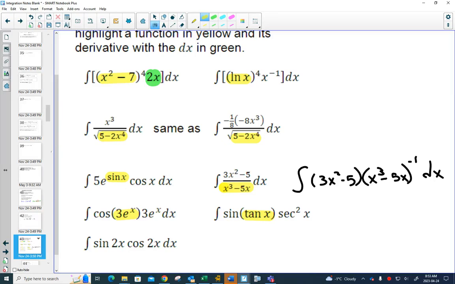We're going to leave the very last one for a bit. We're going to switch to green. And it says if you recognized a function inside of another function, then see if the derivative of that function is present.